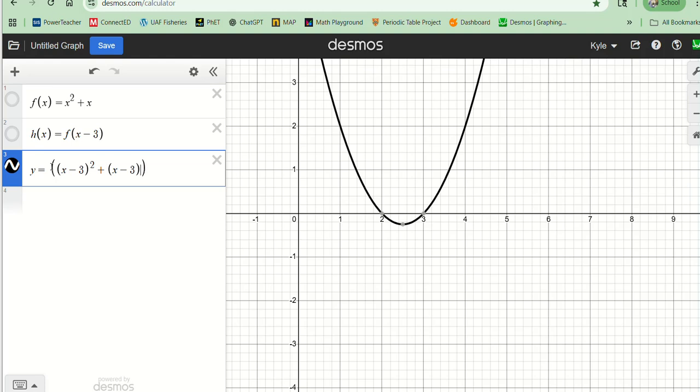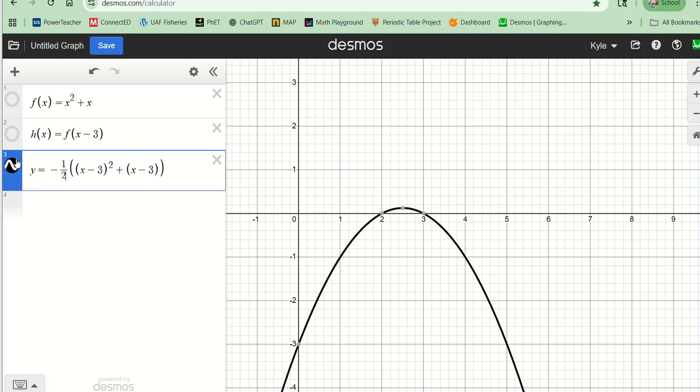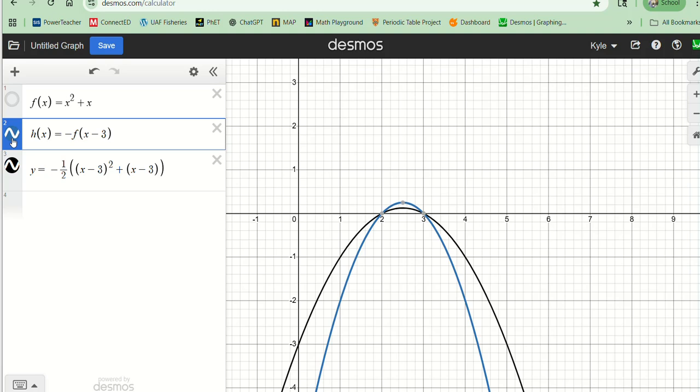Negative 1/2? So it should get wider, right? Because we're compressing it vertically, and it should reflect. Let's just see if that's what happens. Did it get wider? Cool. All right. Doable? Okay.